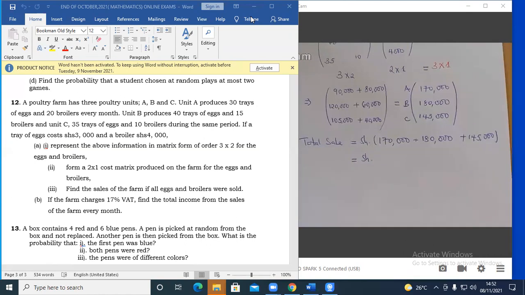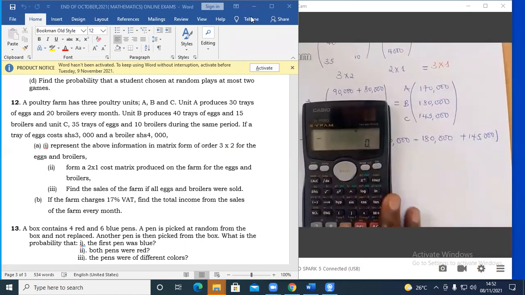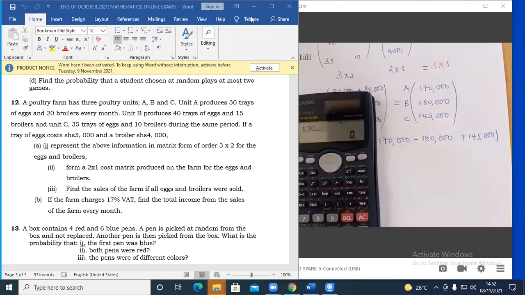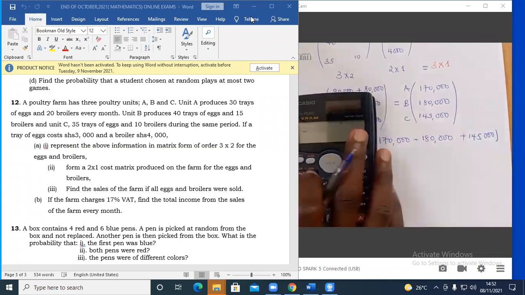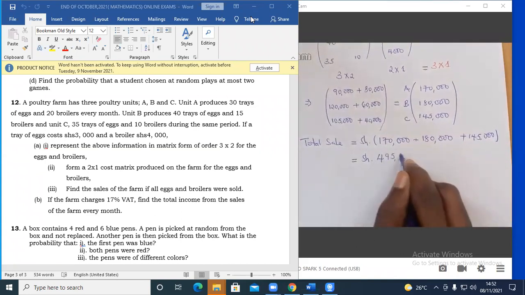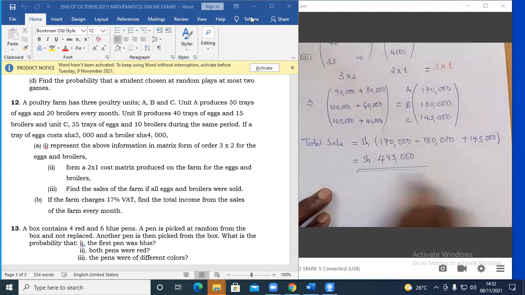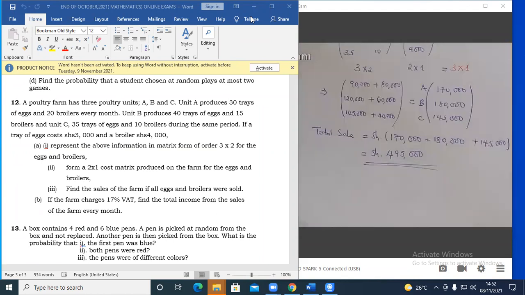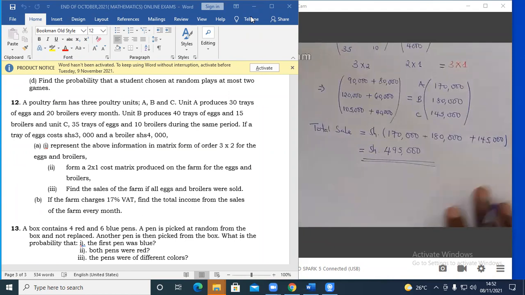What do you get when you add all of them? 495,000.